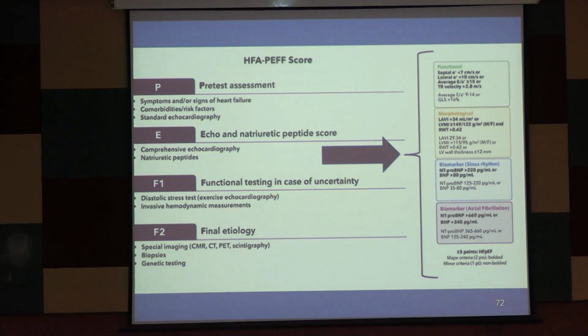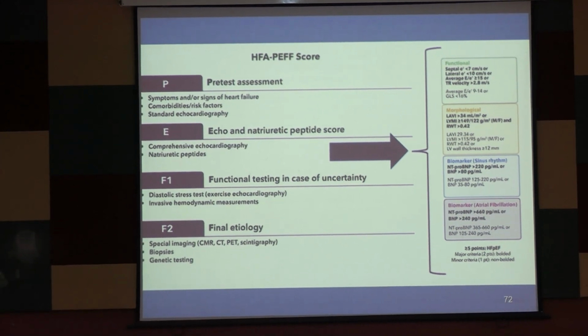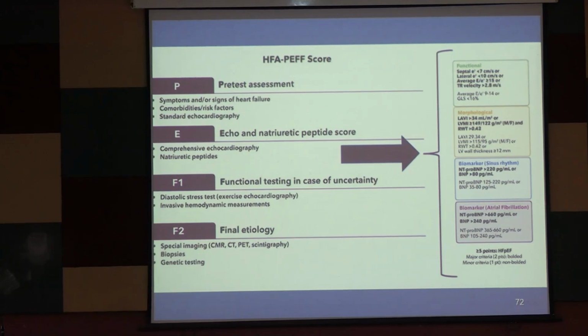The HFA-PEFF score, that means assessment of heart failure with preservation of LV ejection fraction, should include first P, that means pre-test assessment: symptoms and/or signs of heart failure, then comorbidity and risk factors, then standard echocardiography. Now, E for echo and natriuretic peptide.